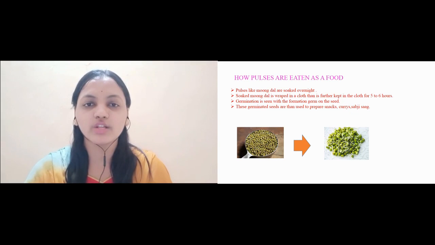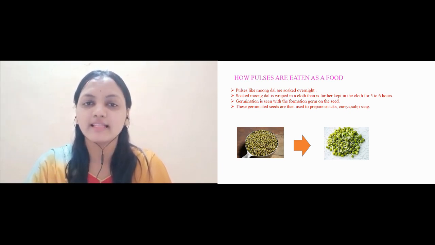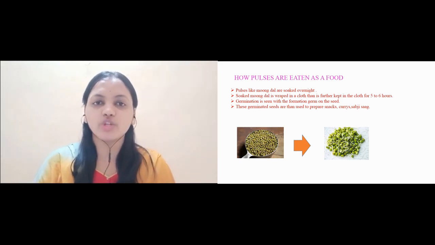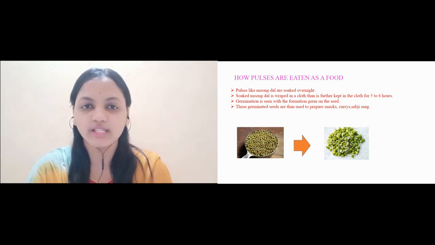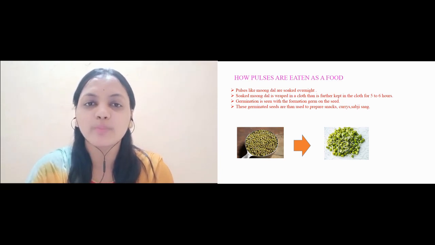After a few hours, you will observe that the moongs have a germ. A white structure-like part is coming out of the moong. This white part is called the germ of the moong seed. We also call it sprouts.